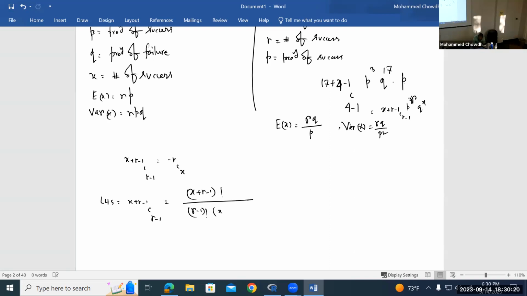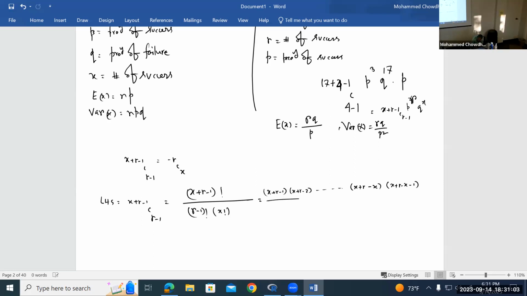We can write it as x plus r minus 1, x plus r minus 2, and all the way down to x plus r minus x, and then minus 1.